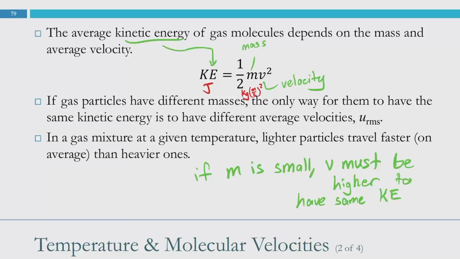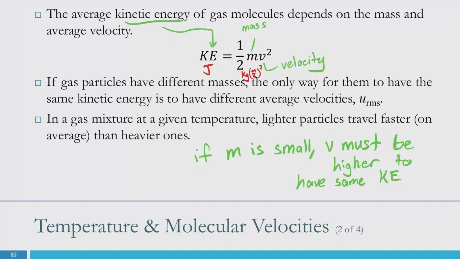The semi-truck is just so much bigger, it's going to take way more energy for it to get going, so they typically tend to accelerate and decelerate more slowly. It's the same for gas particles, just on a much smaller scale. So in a gas at a given temperature, the light particles have to travel faster on average than heavier ones for them to have the same kinetic energy.